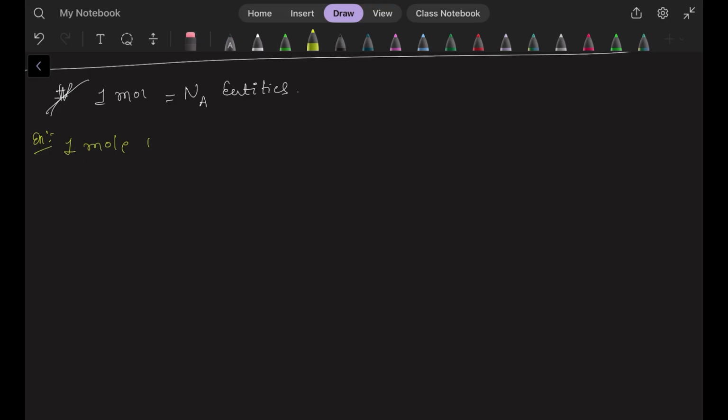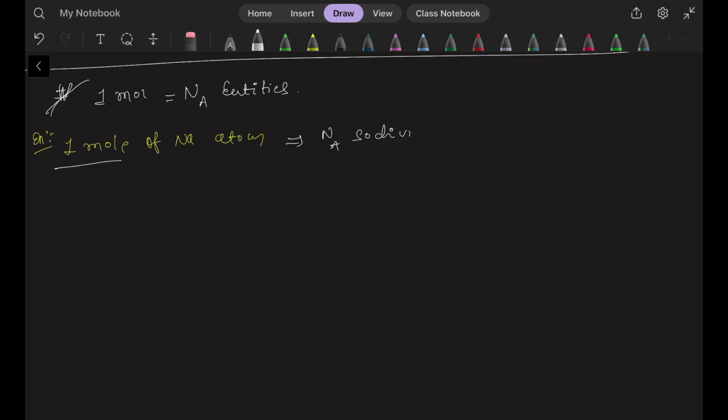1 mole of neon or 1 mole of sodium atoms contain how many atoms? 1 mole of sodium atoms contain how many atoms? I am asking, how many in 1 mole? So we know that 1 mole is nothing but Na entities. Na is nothing but what?